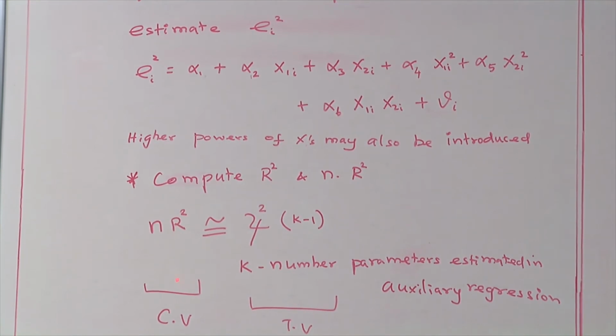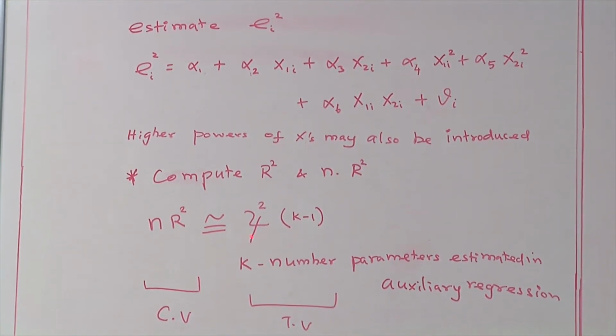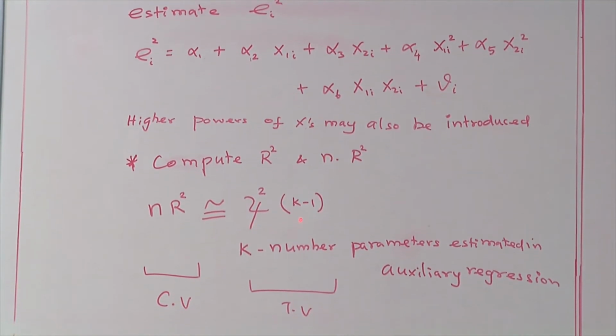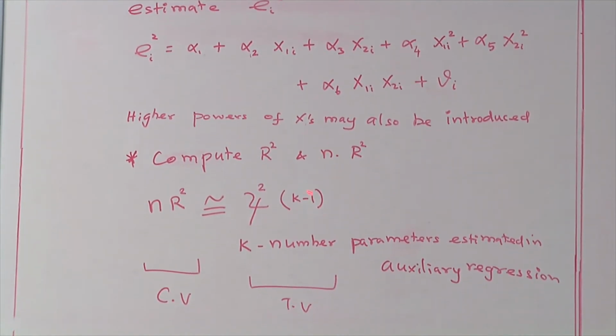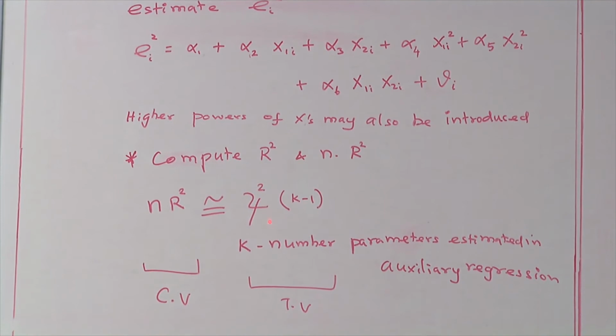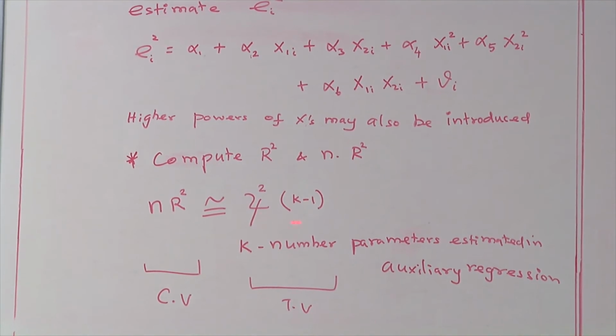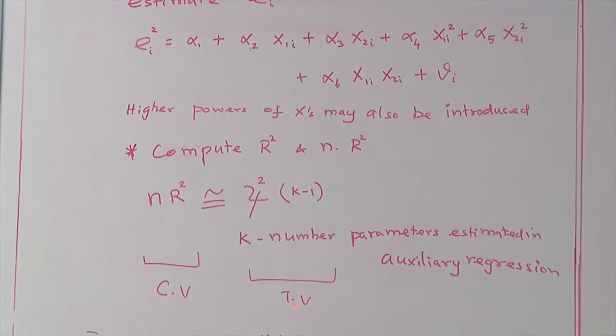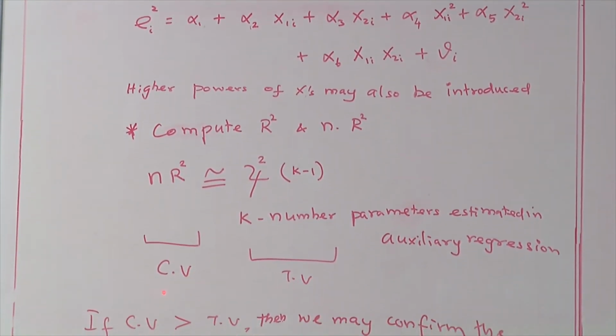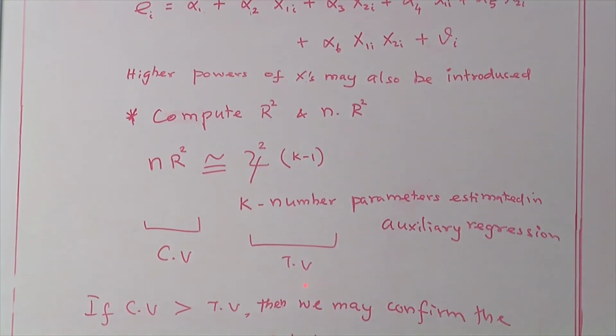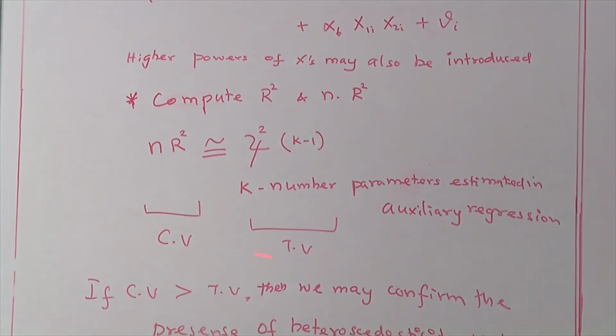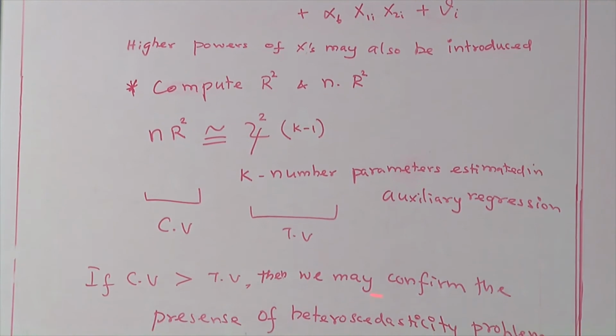So, we compute r square and n r square, and this gives the computed value. The chi-square distribution with k minus 1 degrees of freedom gives the statistical value; according to the level of significance we can find the table value. So, you have the calculated value and the table value, and comparing them gives the test result.